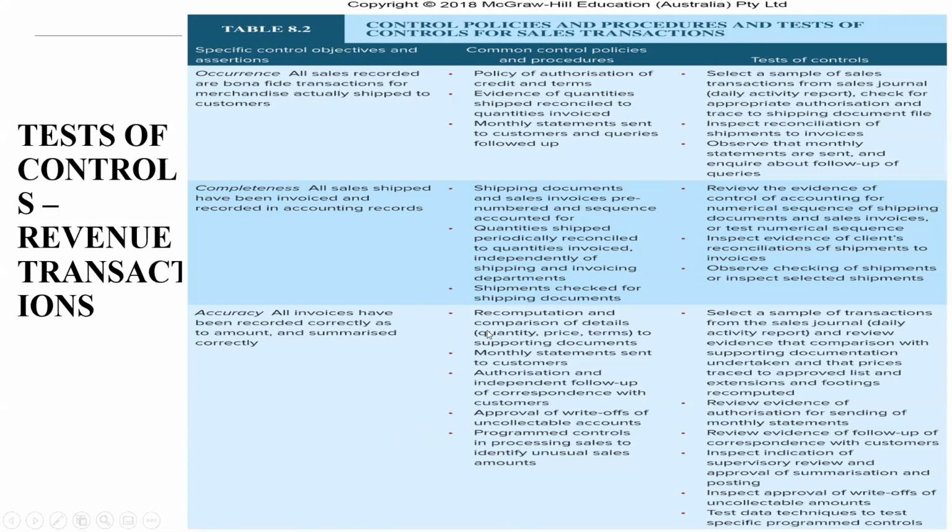So in the key controls, you will have the calculation accuracy. So for example, if you have a set of sales invoices, the summary of the sales invoices should be correctly calculated, right?